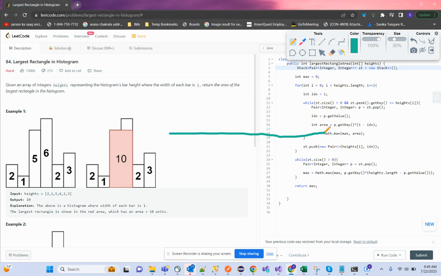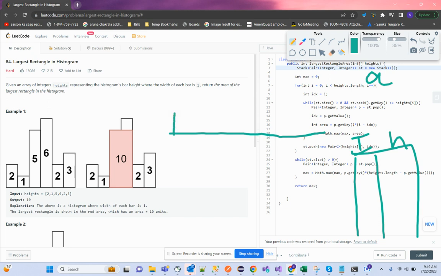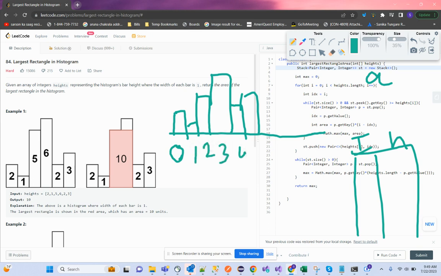I will also create a stack over here which stores the index and the height. And here there will be a max area. Now suppose this is our histogram, just drawing it out. These are the index 0, 1, 2, 3, 4, and this is height of 2.